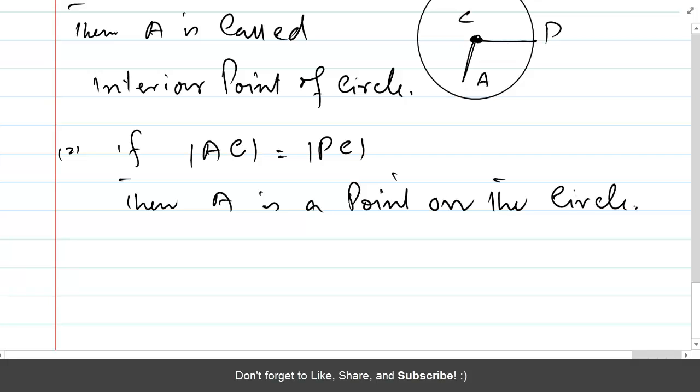And there could be only one tangent you can draw from the point A. If any point is on the circle, then it is enough to say that there is only one tangent.